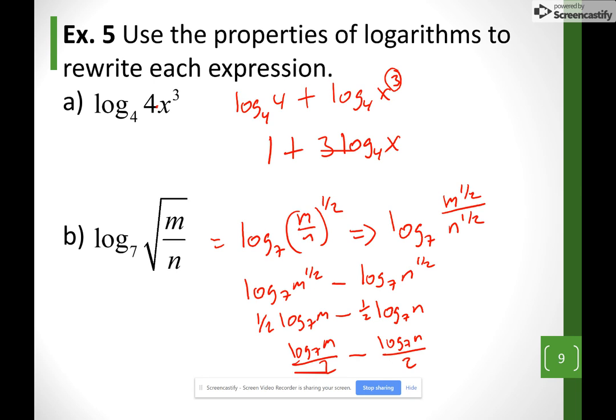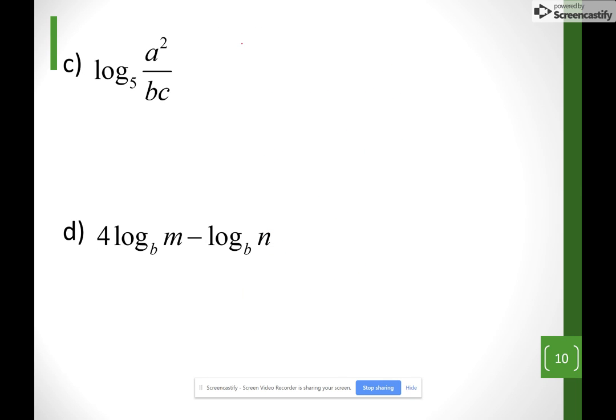I'm going to write this as log base 5 of a squared minus log base 5 of bc. On my first, I'm going to bring the exponent to the front. So 2 log base 5 of a minus this whole thing, I know it is going to separate as a plus.